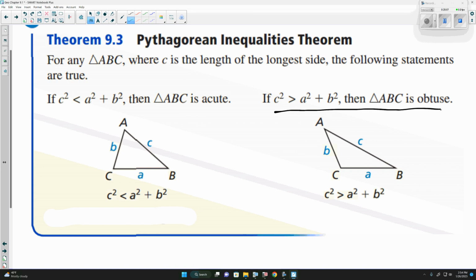All we know is that the angle C is going to be bigger than 90. We don't know how much bigger. It could be 91. It could be 107. It could be 90.01. All we know is it's bigger than 90. And if c squared is less than a squared plus b squared, it is acute.